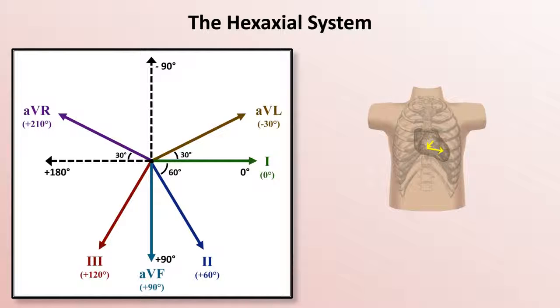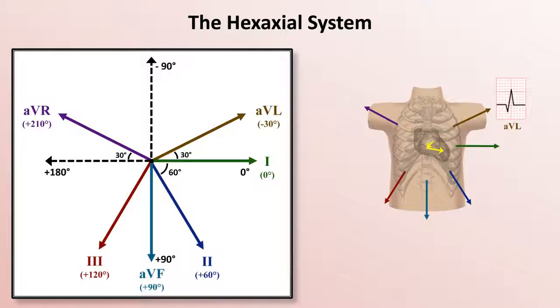What do these two electrical events look like as viewed from each of the 6 limb leads? First, in AVL, the initial event of septal depolarization is in a direction nearly opposite that of the AVL lead. Therefore, there will be an initial negative deflection on the EKG recording of that lead.